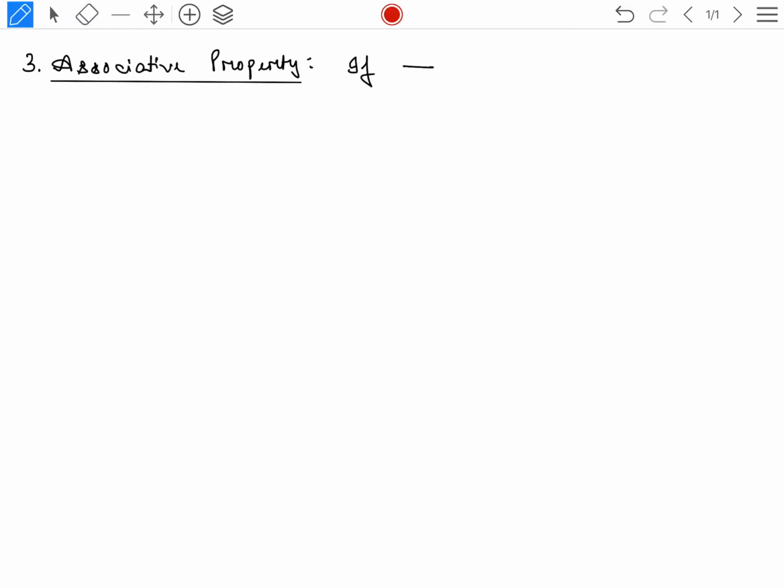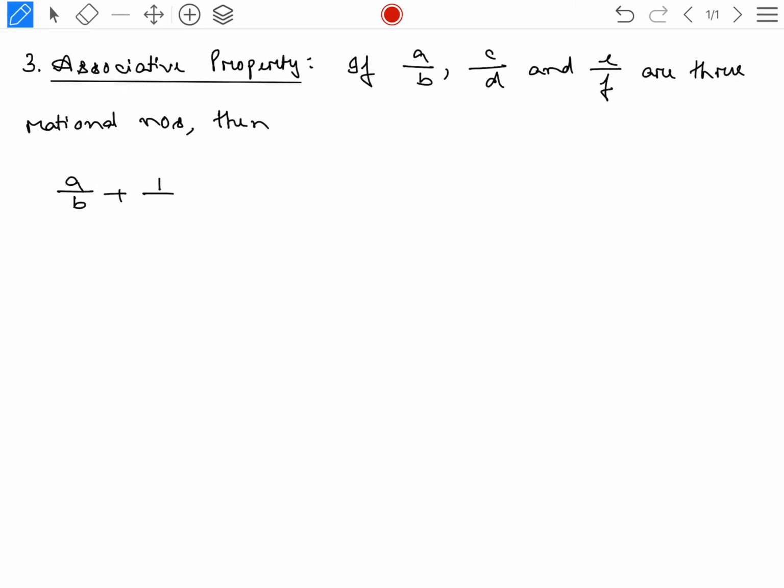If A by B, C by D and E by F are three rational numbers, then according to the associative property we can say that A by B plus C by D plus E by F. In this case I have written A by B plus C by D in brackets. That means I have grouped these two rational numbers, made them one group.